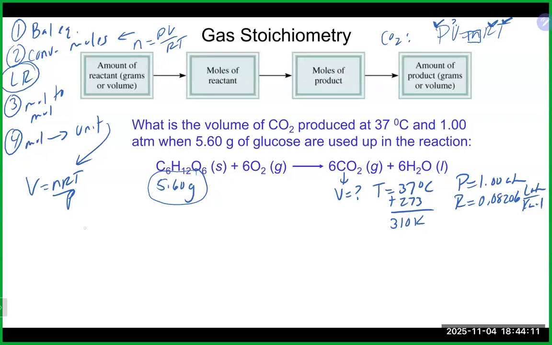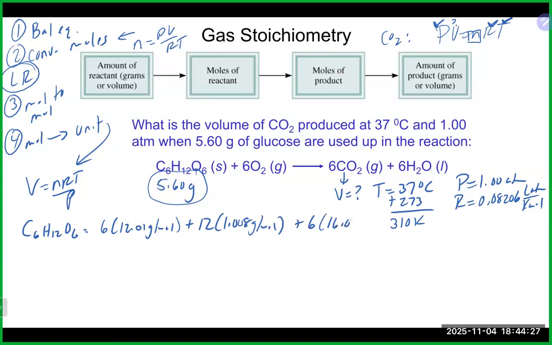So before we can do that, we've got to do a little molar mass of C6H12O6. That's going to be 6 times our 12.01 for our carbons, plus 12 times our 1.008 for our hydrogens, plus 6 times 16 for our oxygens. That's going to get us 180.2, it looks like.